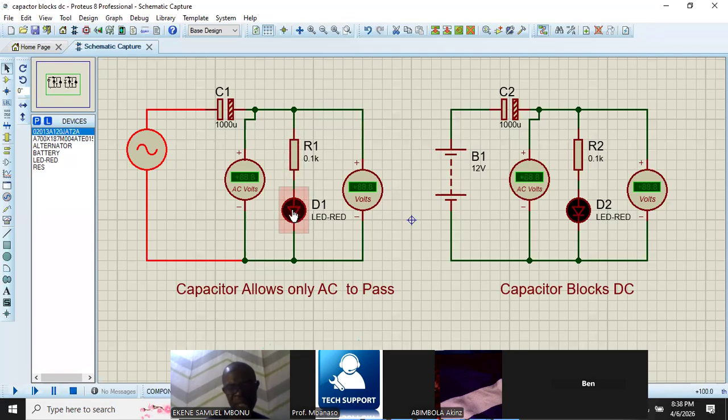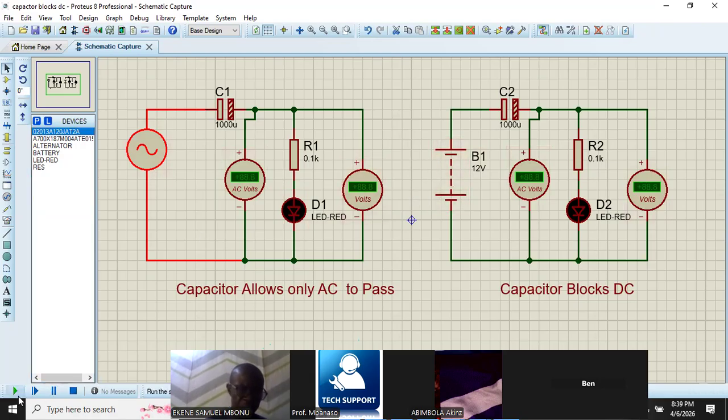We've discussed LED before. And this is an AC voltmeter. This is DC voltmeter. This one is AC source. This one is a DC source of 12 volts. The same capacitor, AC voltage, DC voltage. The only thing that changes here is just the source.